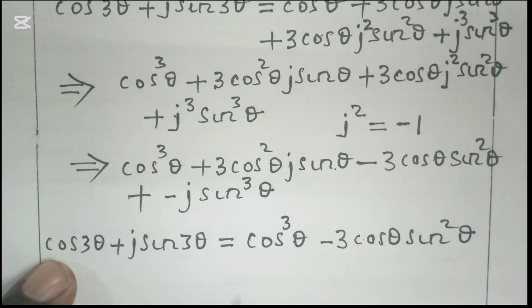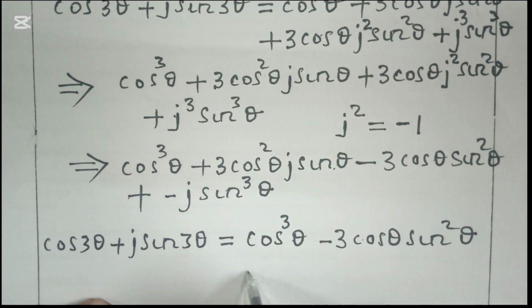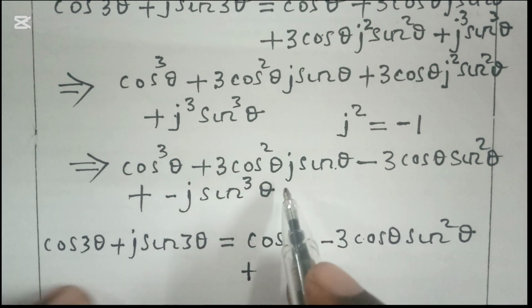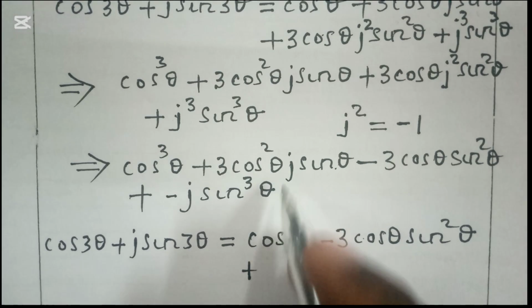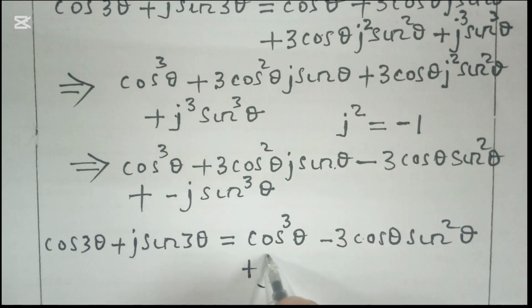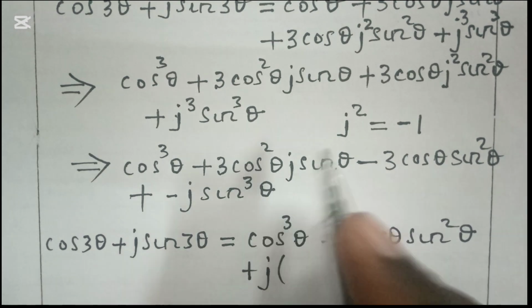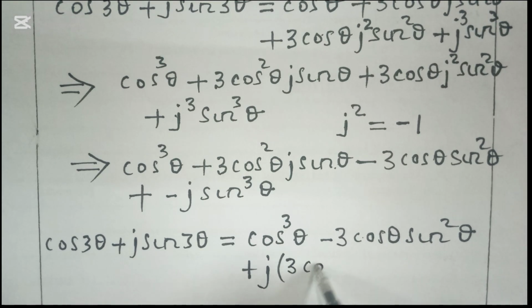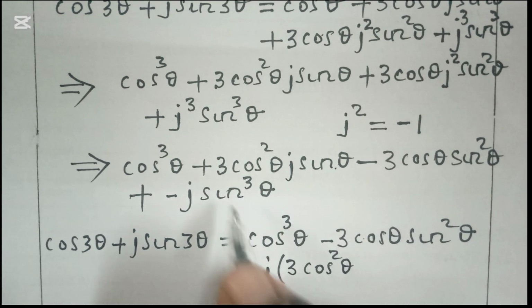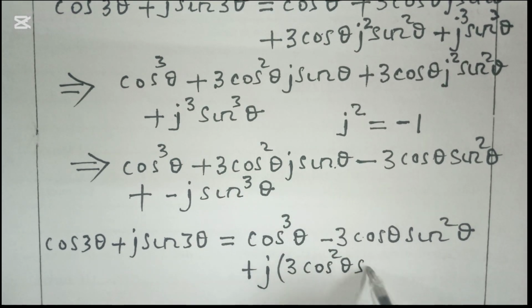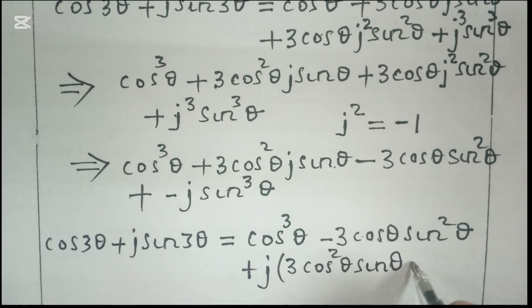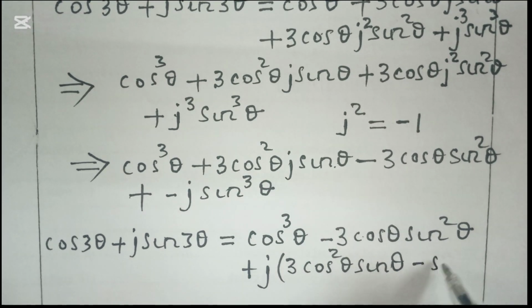For the imaginary numbers, I will have plus j, and then a bracket: 3 cos squared theta sine theta minus sine cubed theta.